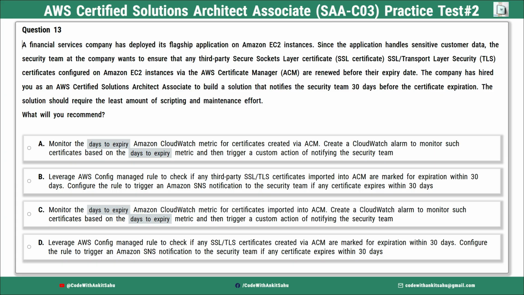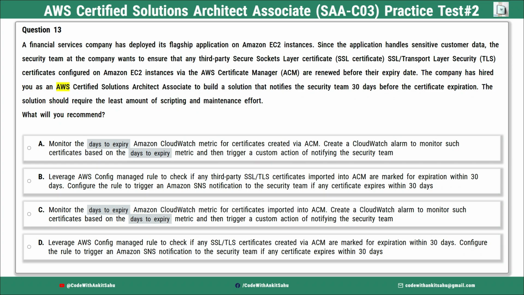Question 13. A financial services company has deployed its flagship application on Amazon EC2 instances. Since the application handles sensitive customer data, the security team at the company wants to ensure that any third-party Secure Sockets Layer (SSL) and Transport Layer Security (TLS) certificates configured on Amazon EC2 instances via the AWS Certificate Manager (ACM) are renewed before their expiry date.